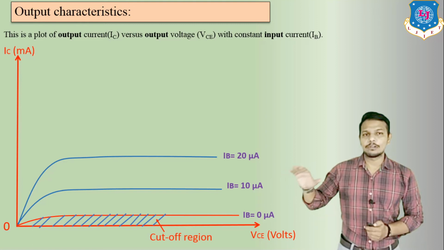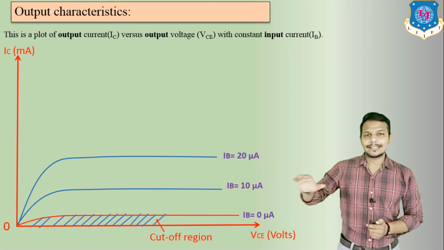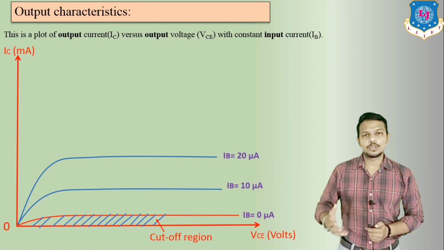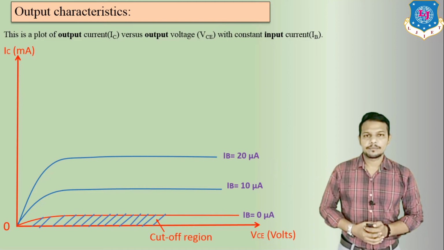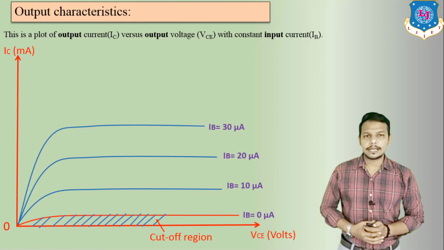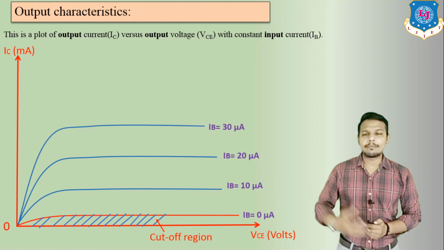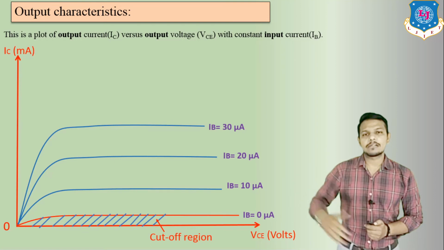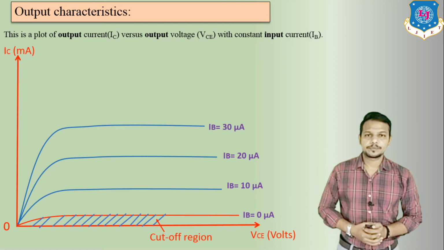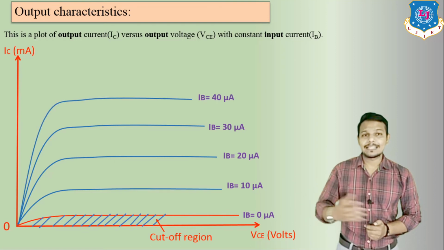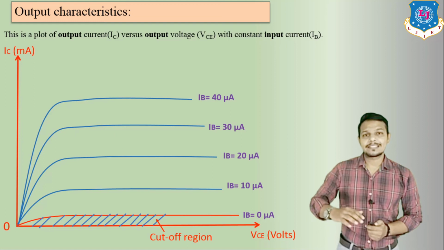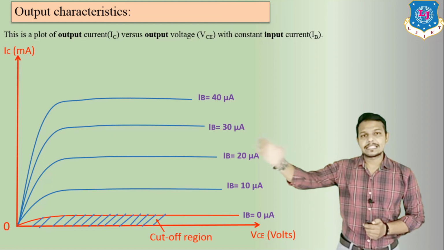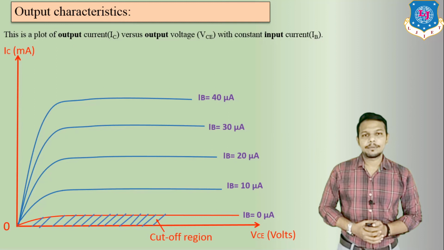Here IB is equal to 20 microampere, and your IC is equal to 2 milliampere. If IB is equal to 30 microampere, then IC is equal to 3 milliampere. And IB equal to 40 microampere gives IC equal to 4 milliampere.